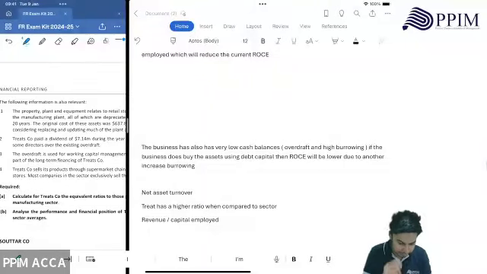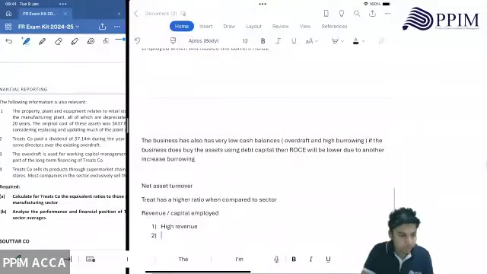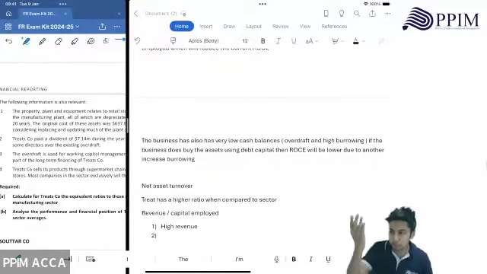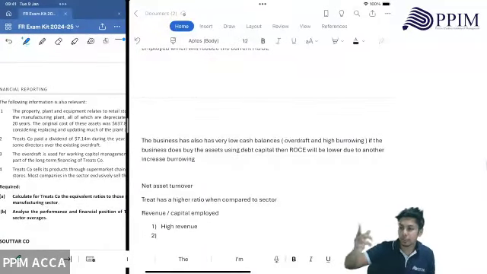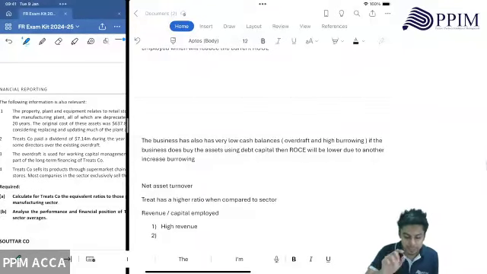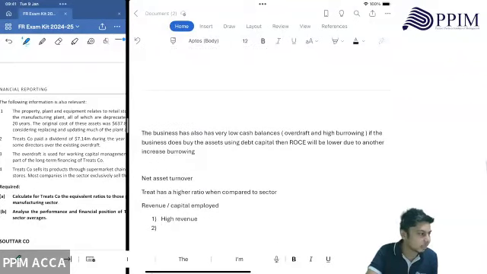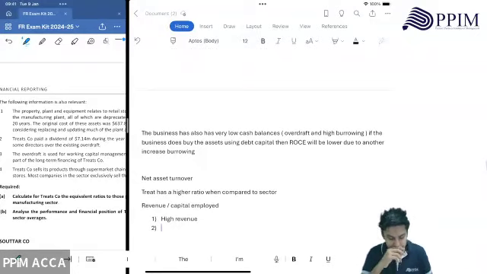Or, for the ratio to improve, either the numerator should go up or the denominator should go down. The capital employed should be less. In our question, what is the main reason why the capital employed is a little less? Because we are keeping old assets. Very good.